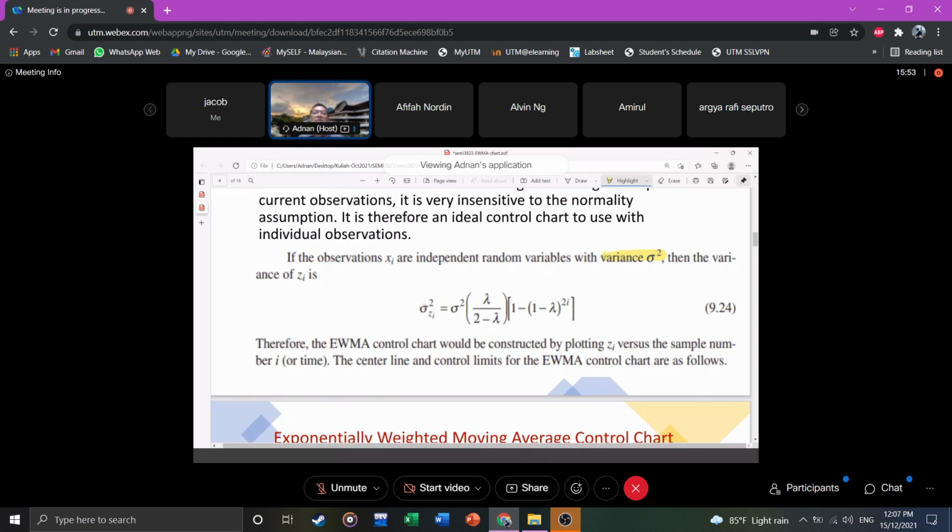The variance for the EWMA, which is z_i, is given by this formula: lambda divided by 2 minus lambda, times 1 minus (1 minus lambda) to the power 2i. As I mentioned last class, as i gets bigger, this term can be dropped because it becomes 0 as i becomes bigger.